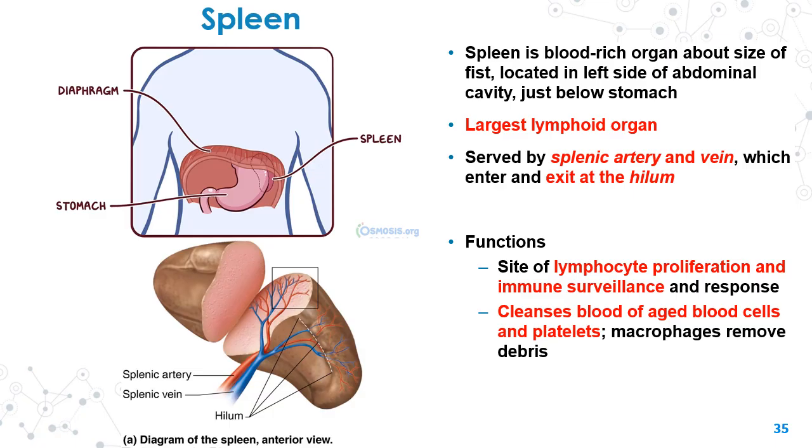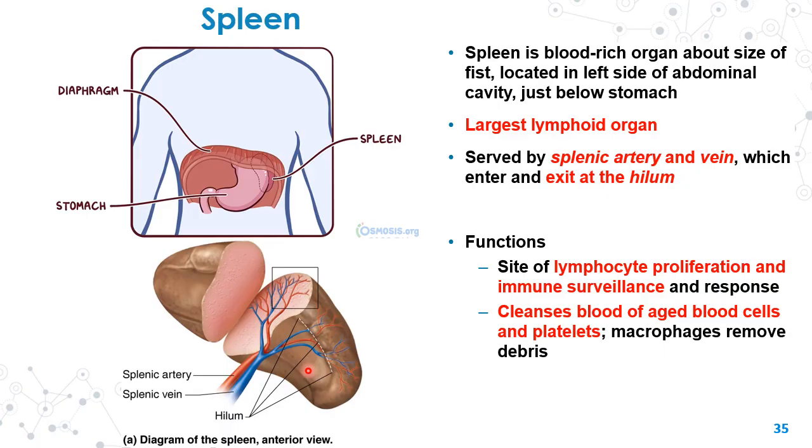All right, so looking here at the spleen, it's right there close to your stomach. The spleen is right here, and it is your largest lymphoid organ. What is happening here with the spleen is you're going to have this big artery, the red one, the splenic artery, that goes in there, and coming out of there you're going to have this splenic vein.